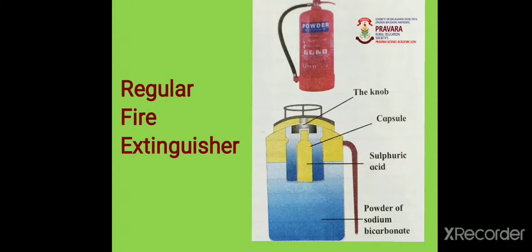When the knob is pressed, the sulfuric acid comes in contact with the sodium bicarbonate. A reaction takes place and CO2 is released, which is used for extinguishing the fire.